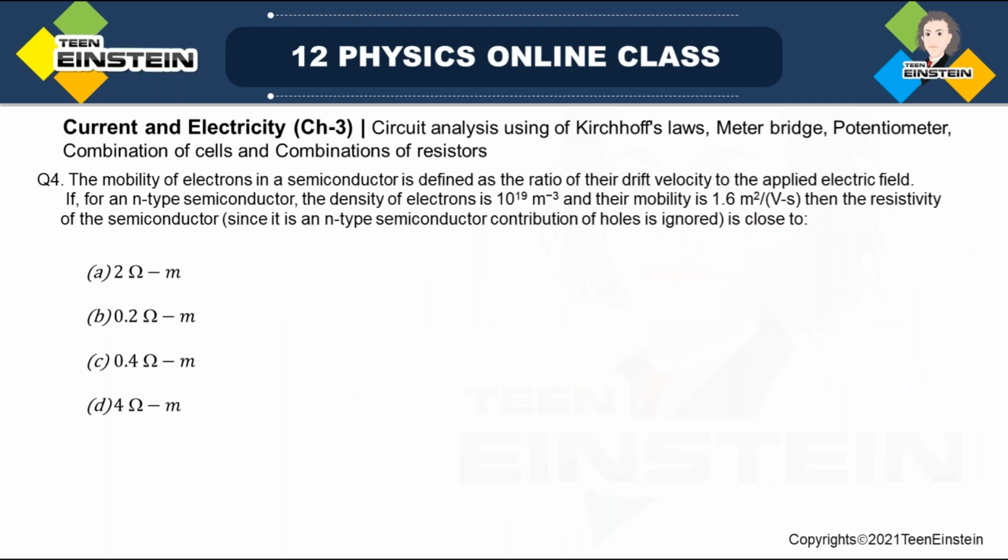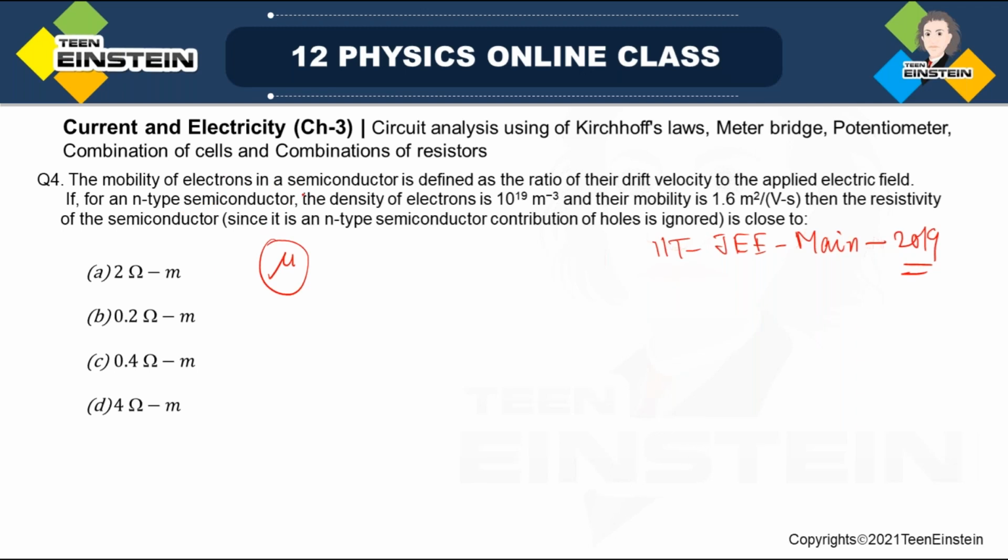Even this problem is not very tough if you remember a few formulas, let us see. This is also from IIT JEE Mains, as I mentioned, all are from 2019 JEE Mains. The mobility is denoted by mu.